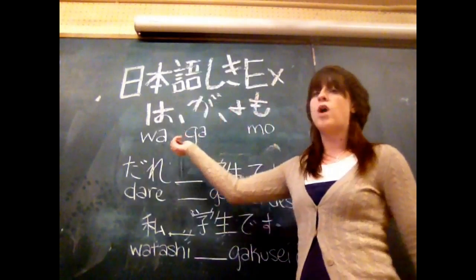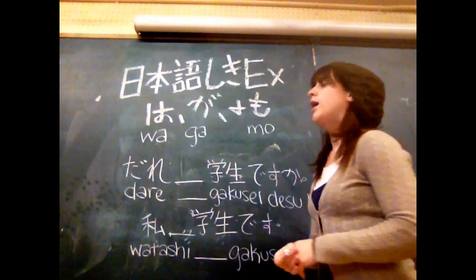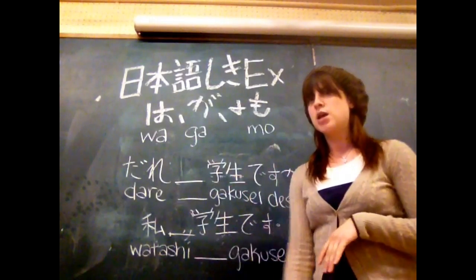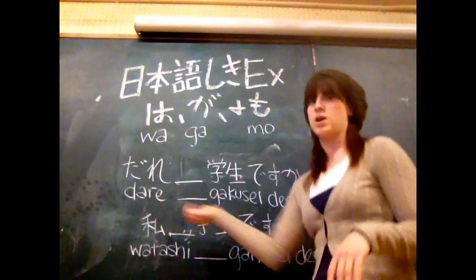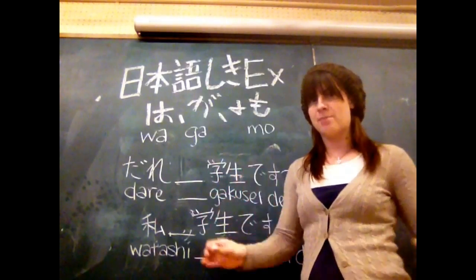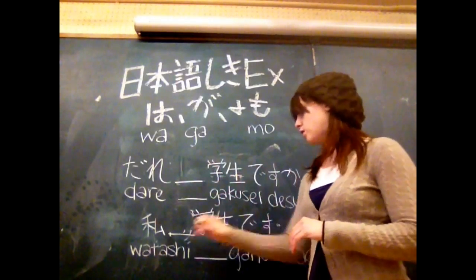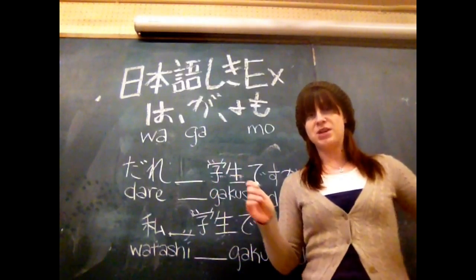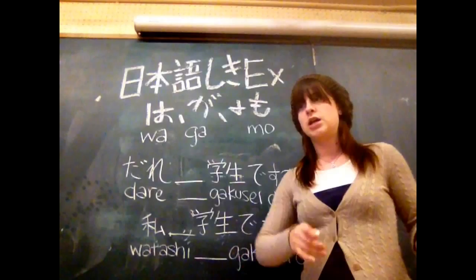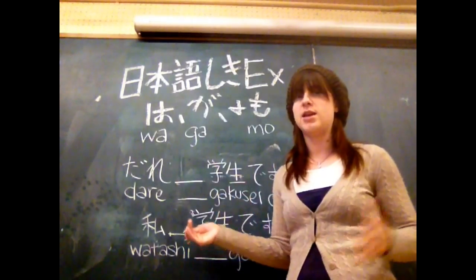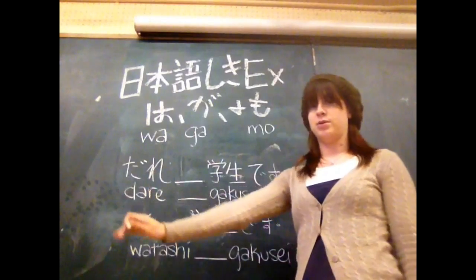As I said, wa is our topic marker. Honestly, in a lot of beginners' Japanese textbooks, you'll constantly see this watashi wa, something wa, something wa, something wa. In actual spoken Japanese, we don't really do this commonly. The reason for that is that Japanese is a very efficient language until you get into the formal polite speech. But for the sake of efficiency, we often completely drop the subject.